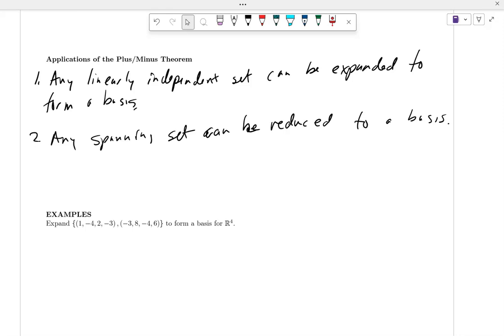But let's look at this first example. Without doing any work, you should be able to tell me, just by looking, that this set either cannot be linearly independent or it cannot span. Which one can it not do, just by looking at it?